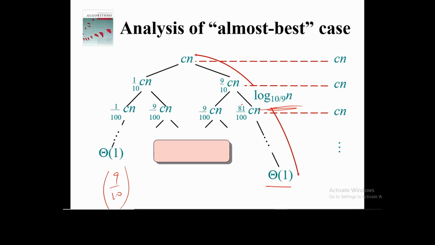The problem size is varying like this: 9/10 to the power i times n, and here it will be equal to 1. We can calculate it simply from here: 2 to the power -i equals 1, and i will be log 2 n.